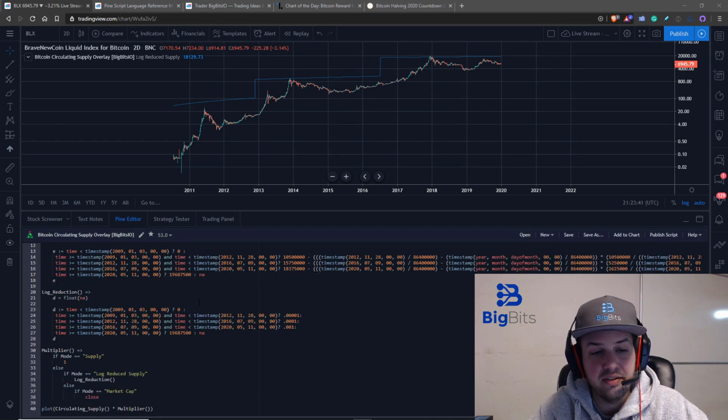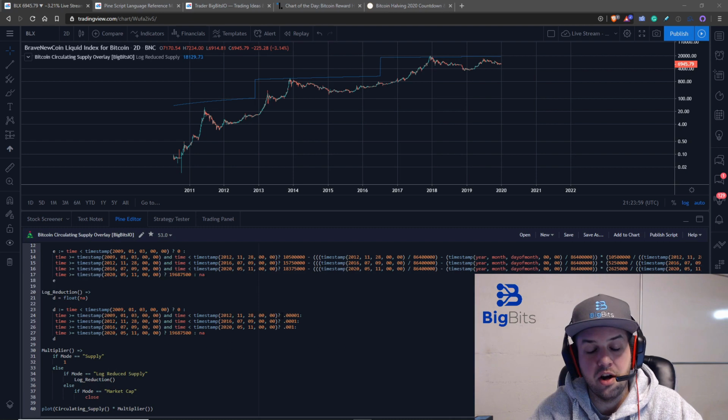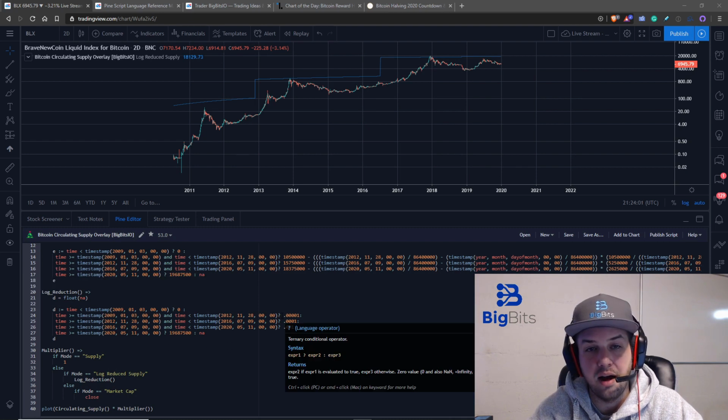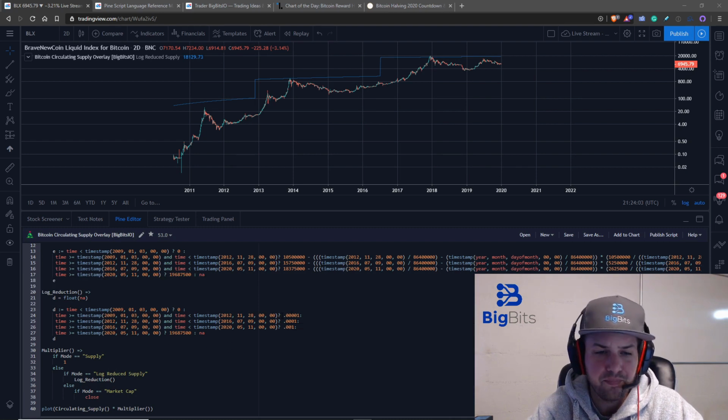Now, the log reduction is the other function that I came up with that I used to fit this to a curve. During the first halving period, this uses the same timestamp functions that it did up here, but the value we're returning is just the multiplier that we're going to apply to the supply.